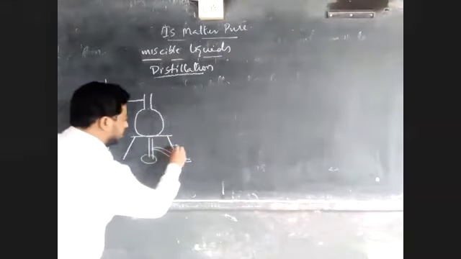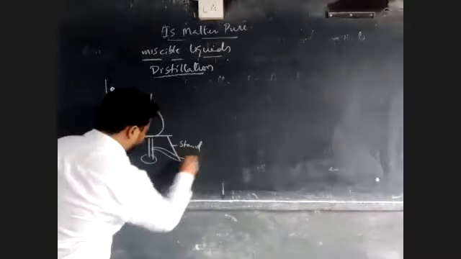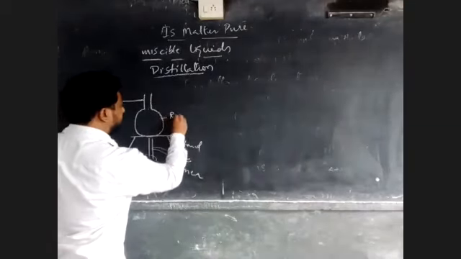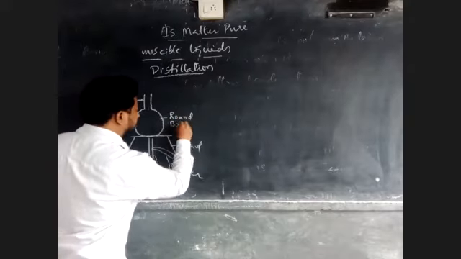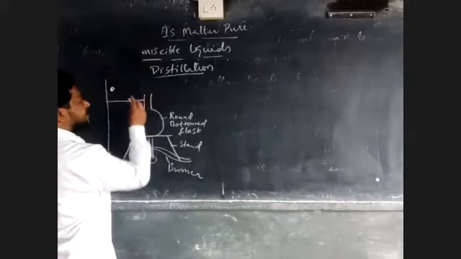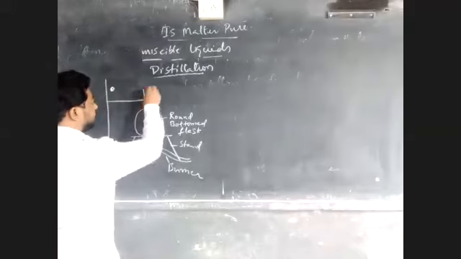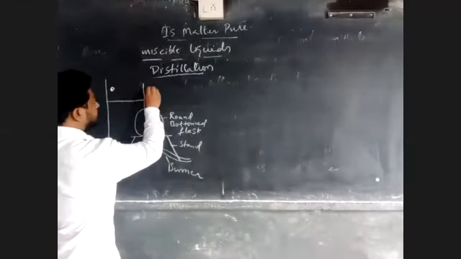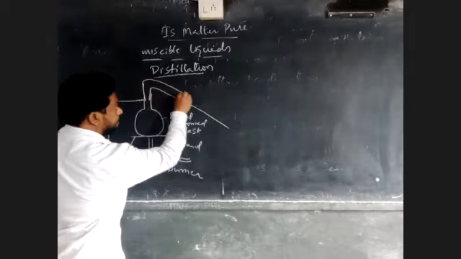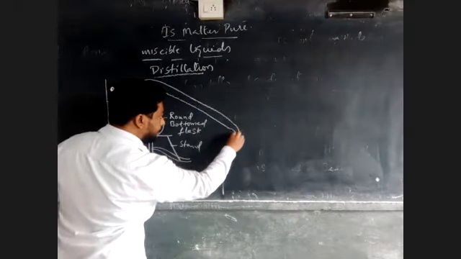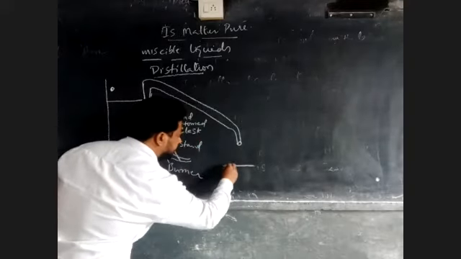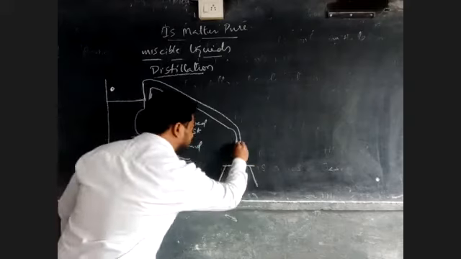This is the stand, burner, and round bottom glass. Now fix a condenser. Place another stand here. Take another round bottom glass.